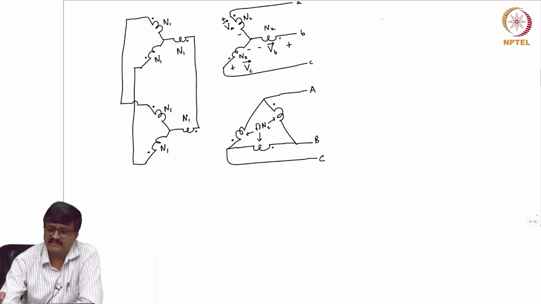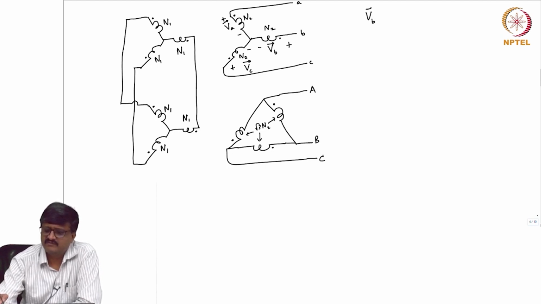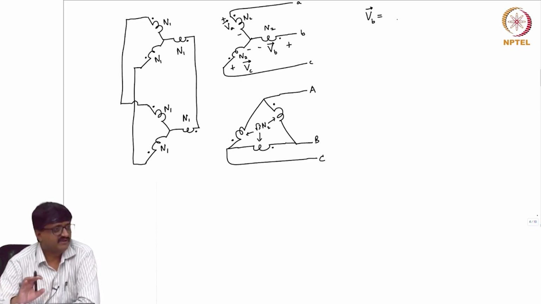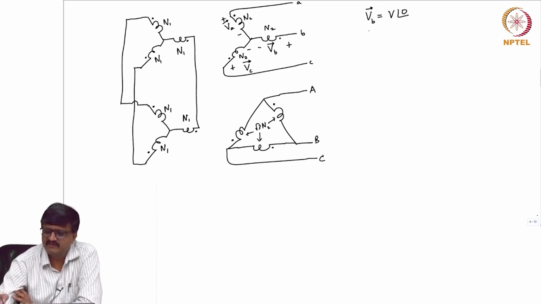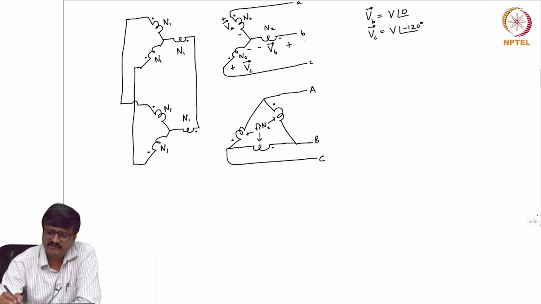Suppose I take one of these as reference, and assume I have only sinusoidal voltages. Suppose VB is some V at an angle 0, then VC is the same voltage magnitude at an angle minus 120.